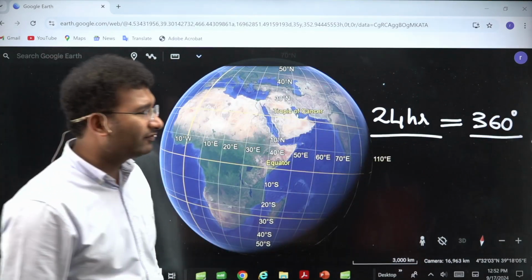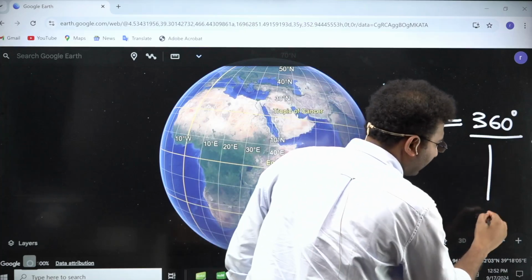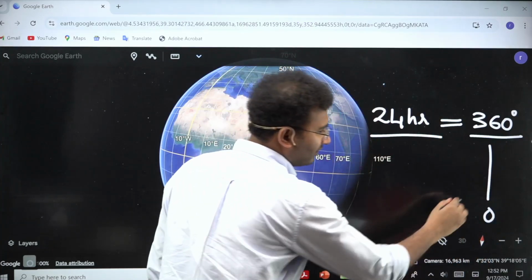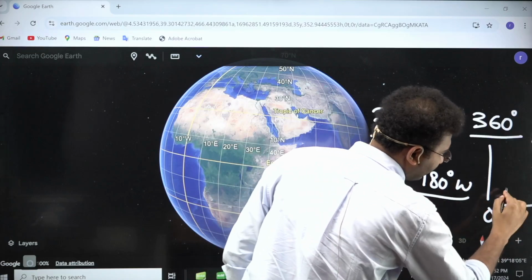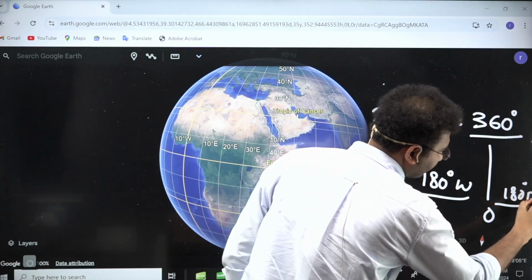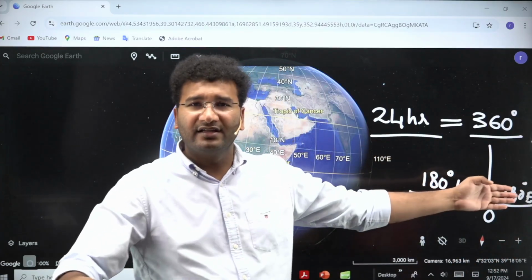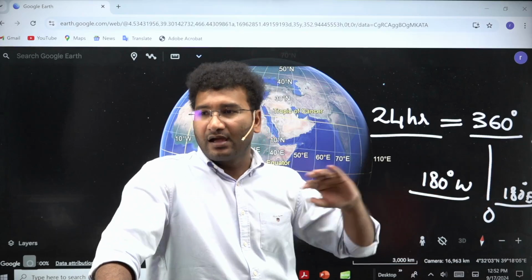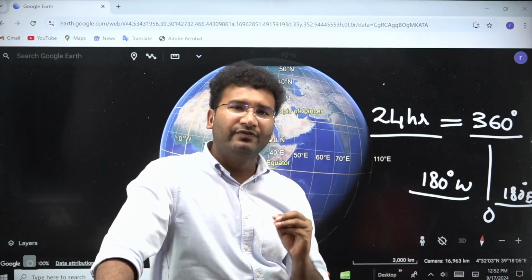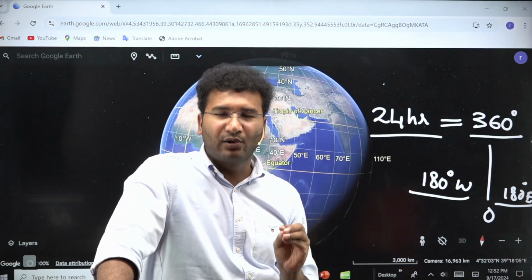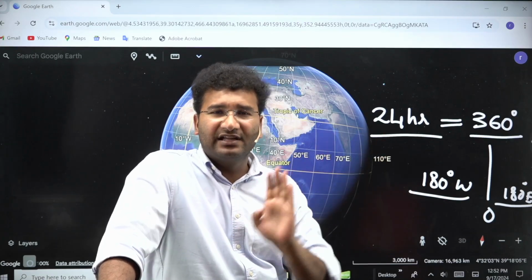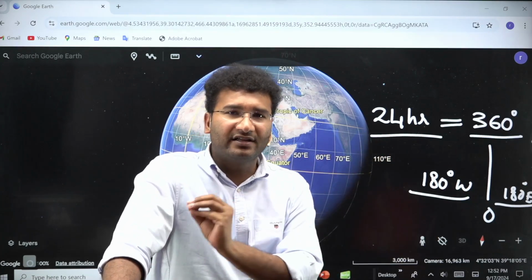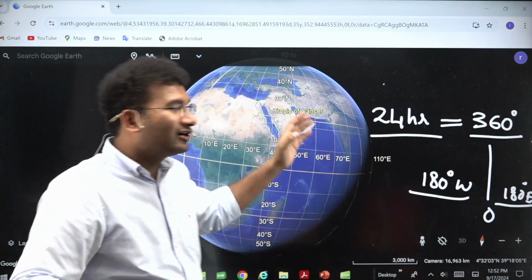Similarly, what we have done is, we called 0 degrees longitude, we said 180 degrees west, and 180 longitudes are drawn on the east. So 180 and 180 is equal to 360. The main purpose of drawing 360 longitudes, divided as 0 to 180 west and 0 to 180 east, is because we wanted to calculate time.